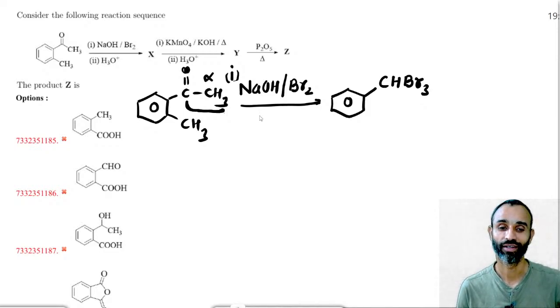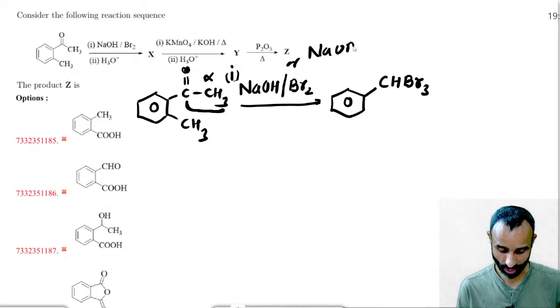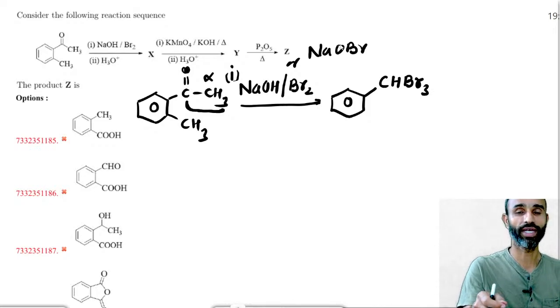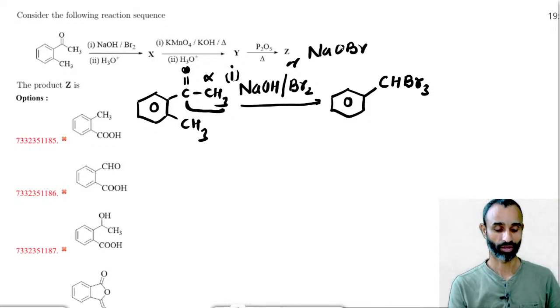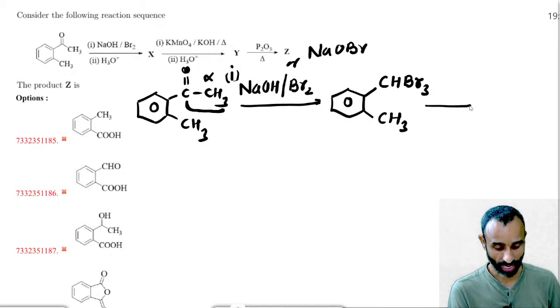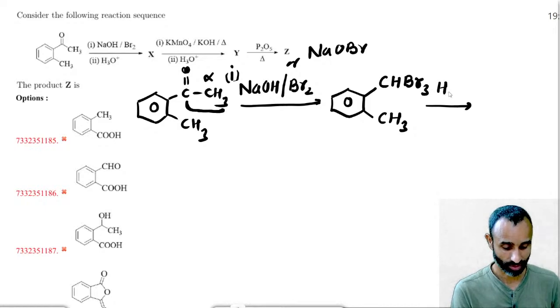So NaOH and Br2, or NaOBr, if it is written, so we get haloform, and here CH3 is there. Now on hydrolysis, we will get carboxylic groups.